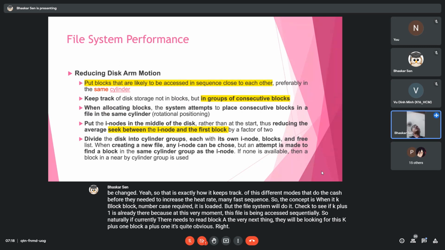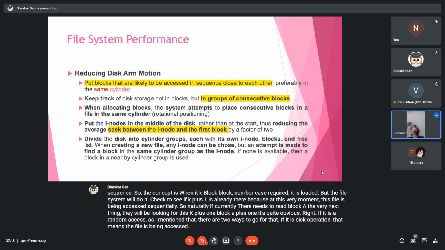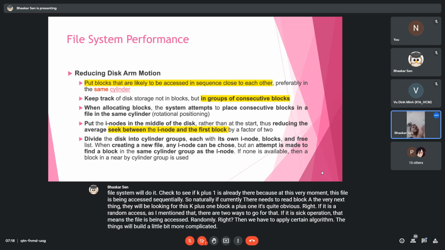If it is a random access, as I mentioned, there are two ways to go for that. If it is a seek operation, that means the file is being accessed randomly, right? Then we have to apply certain algorithms. Things will be a little bit more complicated, not like sequential.